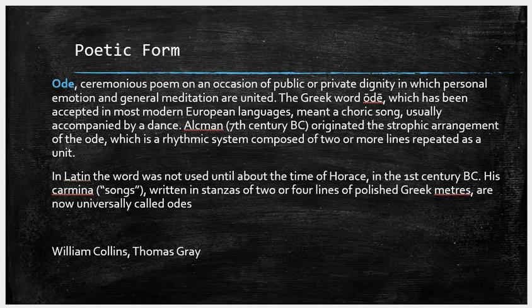We have odes usually written on such occasions as marriage, birthdays, death, and so on. What is distinctive about odes is that they use profound or refined language. Prominent figures in writing poetry in the form of ode are William Collins and also Thomas Gray.